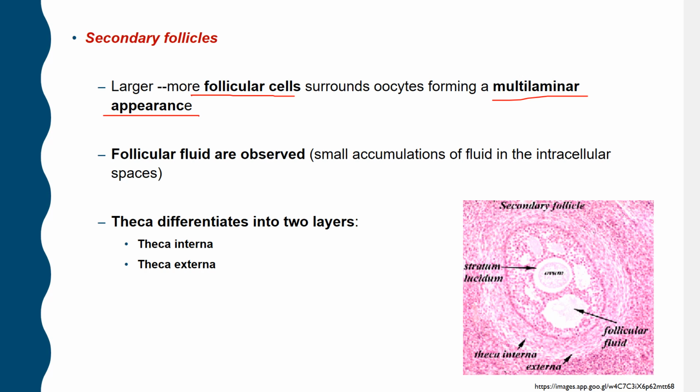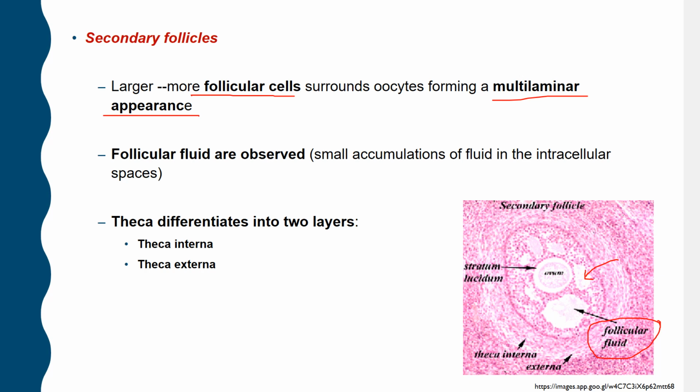One interesting thing that we will start observing is the accumulation of fluid known as the follicular fluid within the follicles. The moment you see this, you know this is already the secondary stage of the follicle's development.